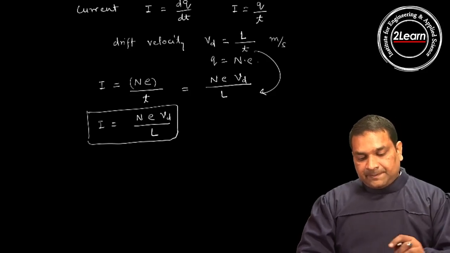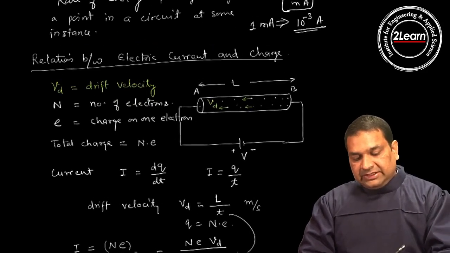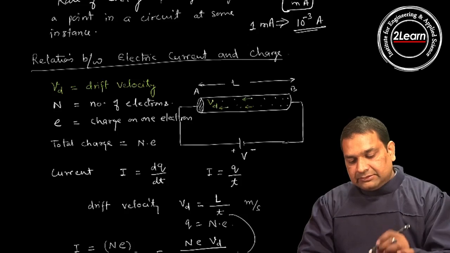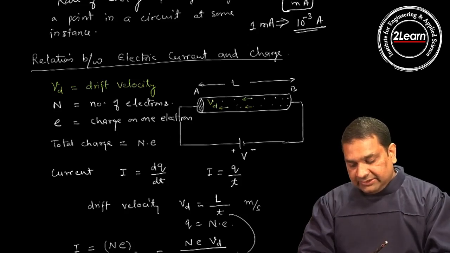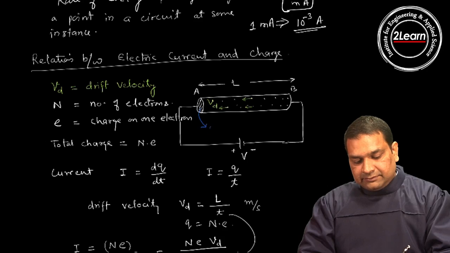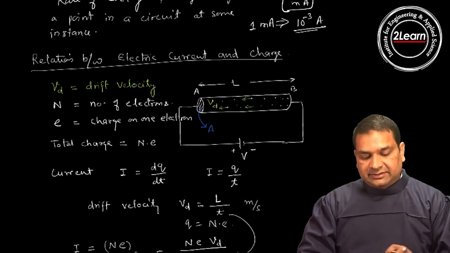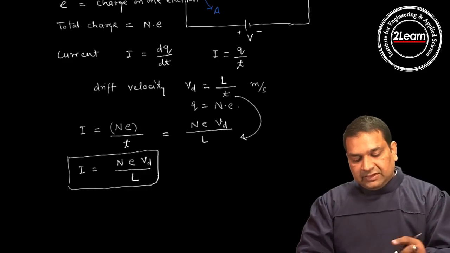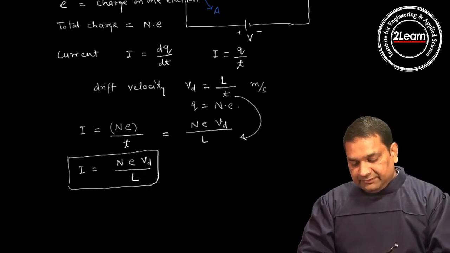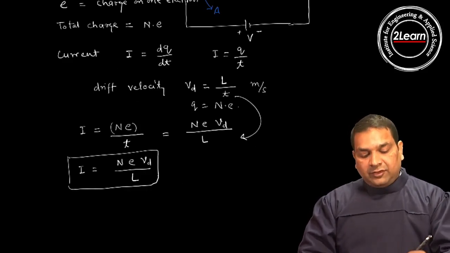Now suppose in this conductor the cross sectional area is A. This is the cross sectional area of the conductor. What is the relation between area, length and volume?